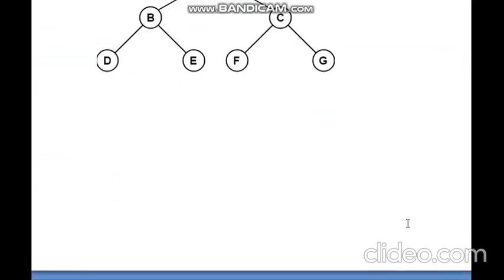So here I have a tree like this, with 1 connected to 2 and 3. Just now I told you pre-order is 1, in-order is 2, and post-order is 3, right?